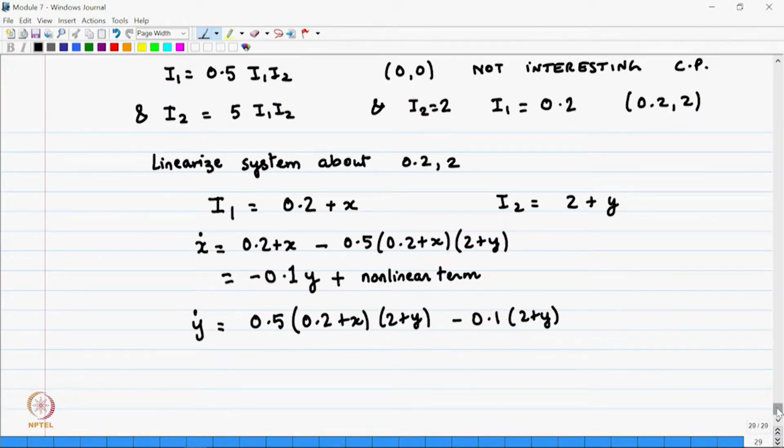In this case again you will find that the factor of 0.5 into 0.2 is 0.1, 0.1 into 2 is 0.2, so that will cancel the 0.2. And then you have 0.5 into 0.2 into y, that is 0.1 y, which will cancel that. So what you will be left with is 0.5 into x into 2, that is x, and plus nonlinear term.